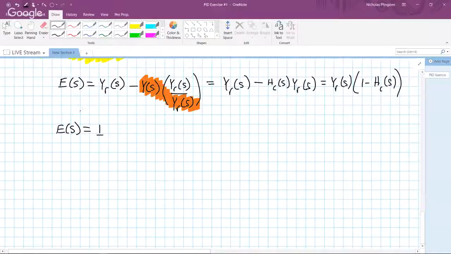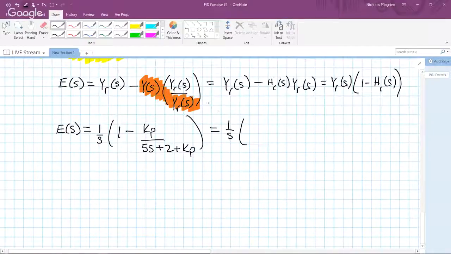So 1 over S. And then we're going to plug in 1 minus Kp over 5S plus 2 plus Kp. Making this look a little nicer. Not a little nicer, but we're just doing some mathematical magic. We're going to have 5S plus 2 plus Kp minus Kp all over 5S plus 2 plus Kp.